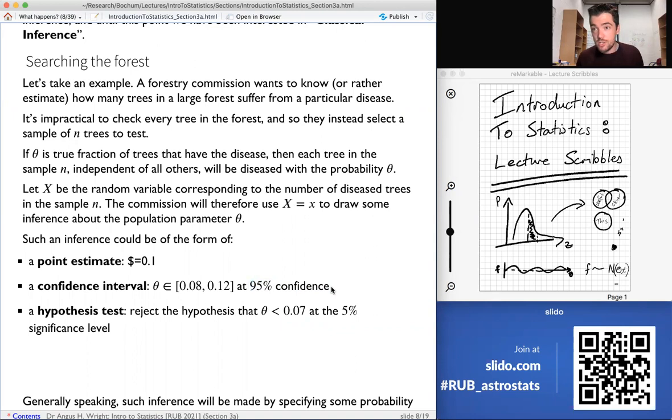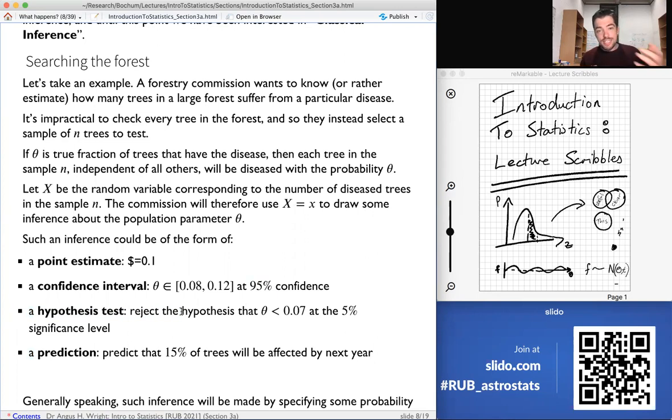Because if the forestry is just interested in whether or not the disease is going to run wild, and the critical value for whether it runs wild or not is that 7% of the population or more has to have the disease before it runs wild, then this hypothesis test is really the thing that we're interested in. And so for that reason, you might use the hypothesis test as your statistical inference.